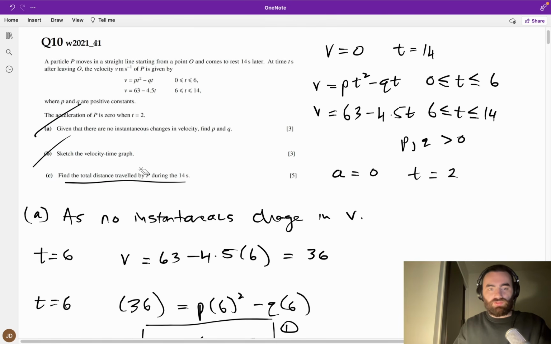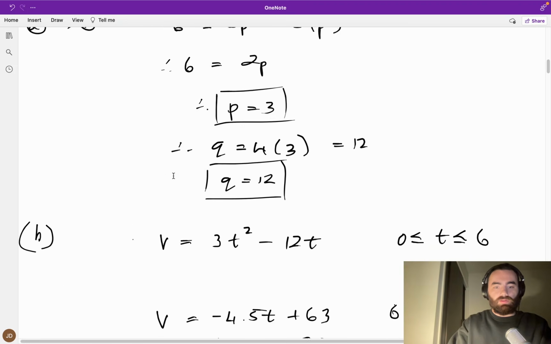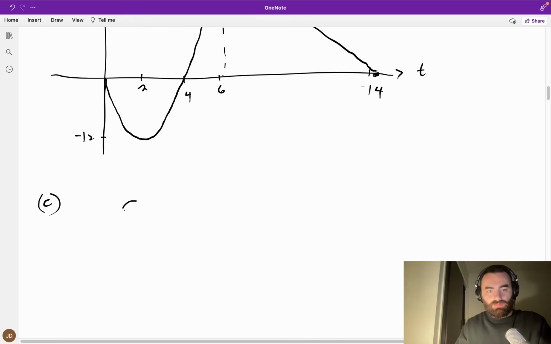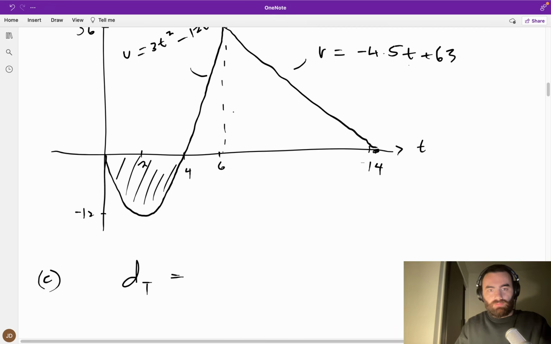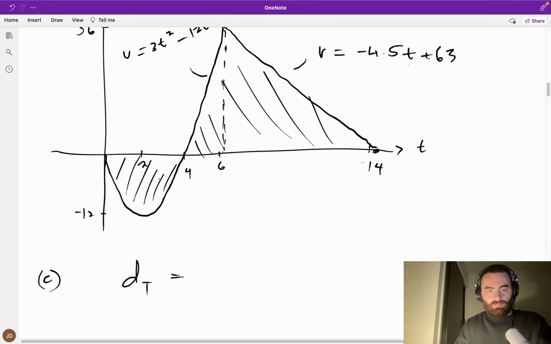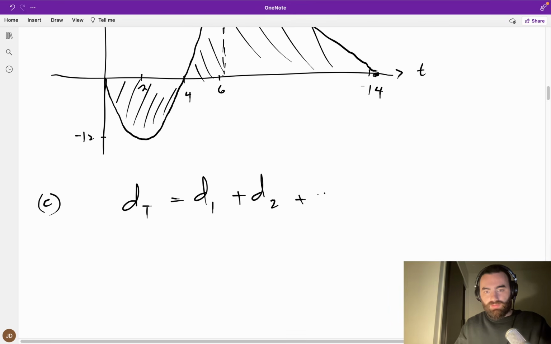Find the total distance traveled by P during the 14 seconds. Okay. So the total distance will be this distance here plus this distance here. We could split this up into 3 sections: distance 1 plus distance 2 plus distance 3.